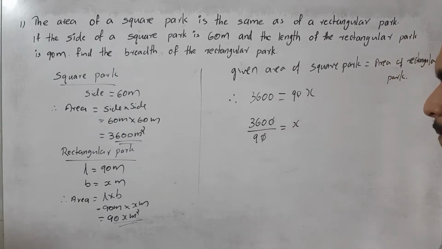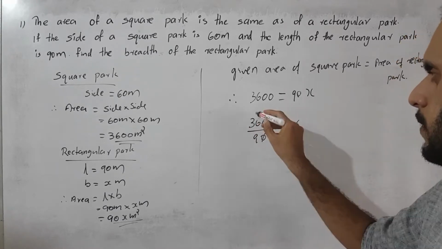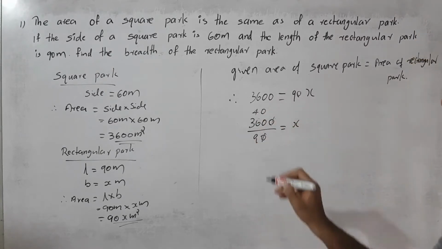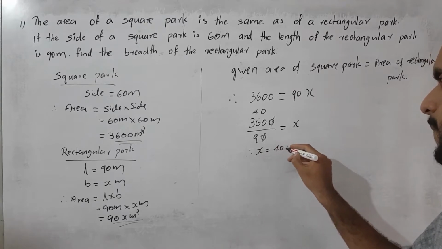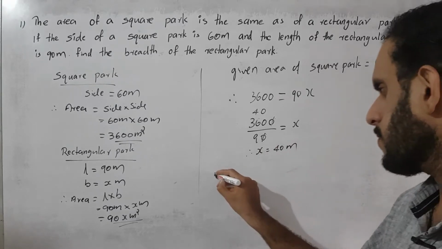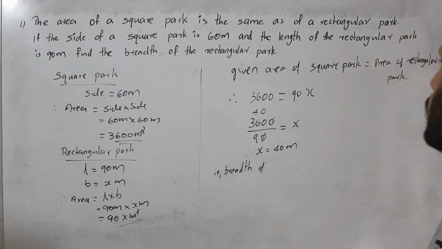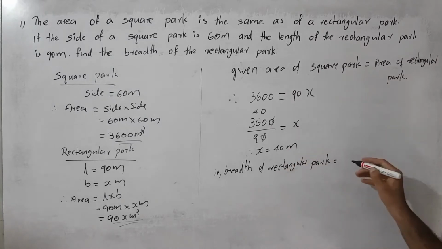Then what is remaining? 360 by 9. How many times does 9 go into 36? 4 times. Correct? 40. Then what is the value of x? Therefore, x is equal to 40 meter. That is, the breadth of the rectangular park is equal to 40 meter.